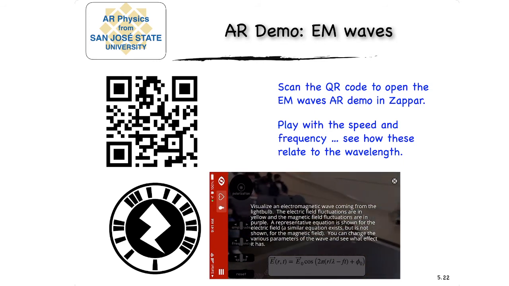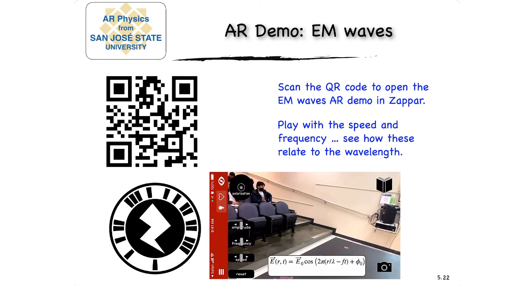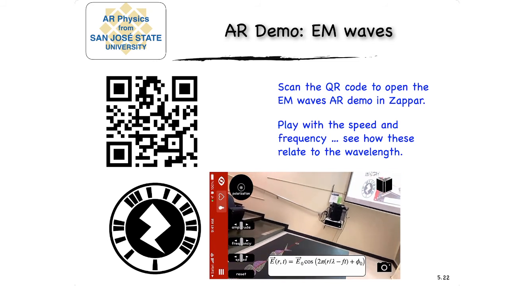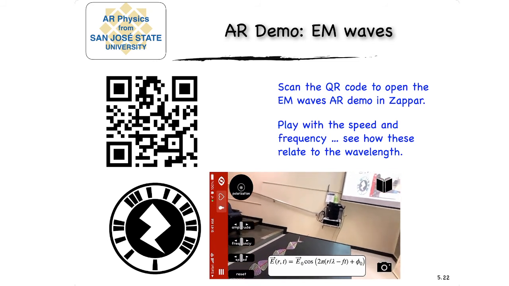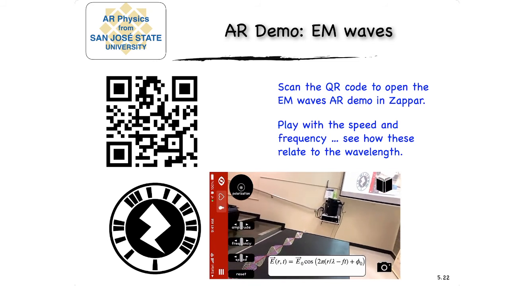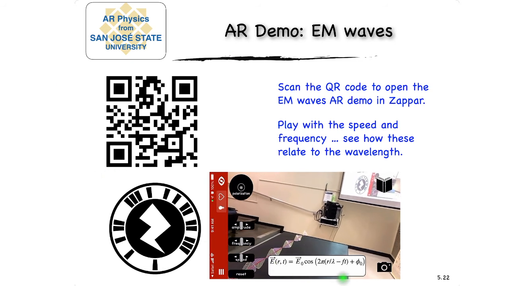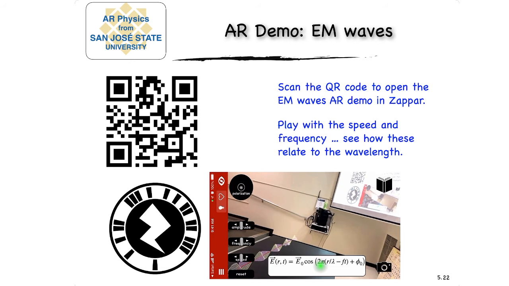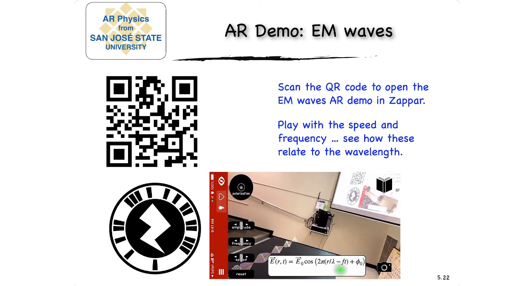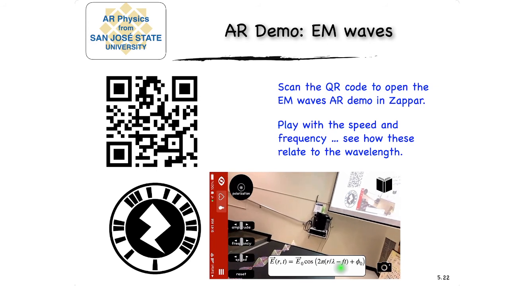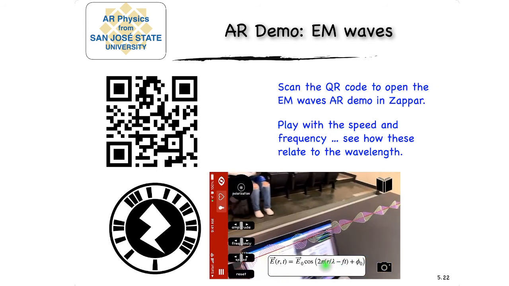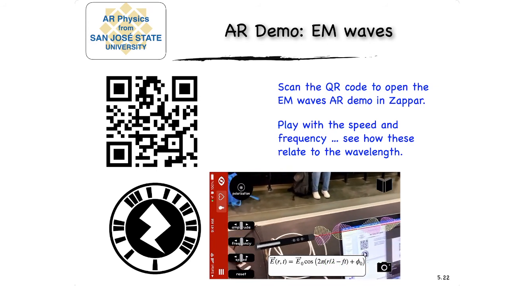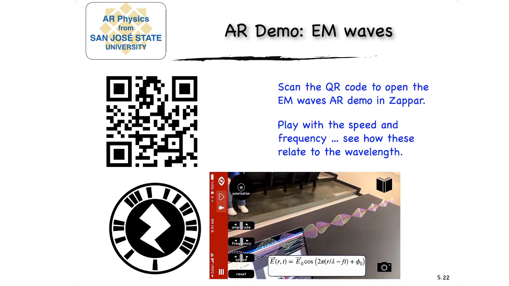You may need to turn your phone sideways in order to be able to dismiss that splash screen. But what we have in the bottom is our expression for an electromagnetic wave. It's written in a slightly different form. k is written as 2 pi over lambda, and omega is written as 2 pi times the frequency. But what you see is like a little laser pointer over here and a wave propagating outwards.